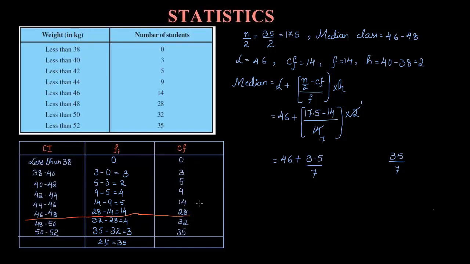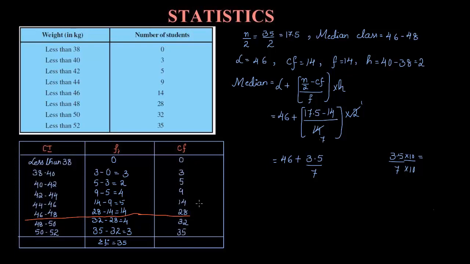You can observe after the decimal there is only one number, so you need to multiply and divide with 10. If after the decimal there are two numbers, then you would have multiplied and divided with 100. If after the decimal three numbers are there and you want to convert it to normal number, then you need to divide and multiply with 1000.